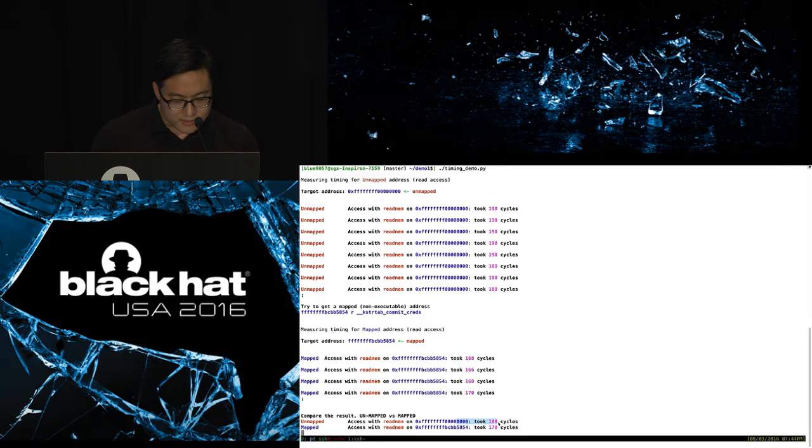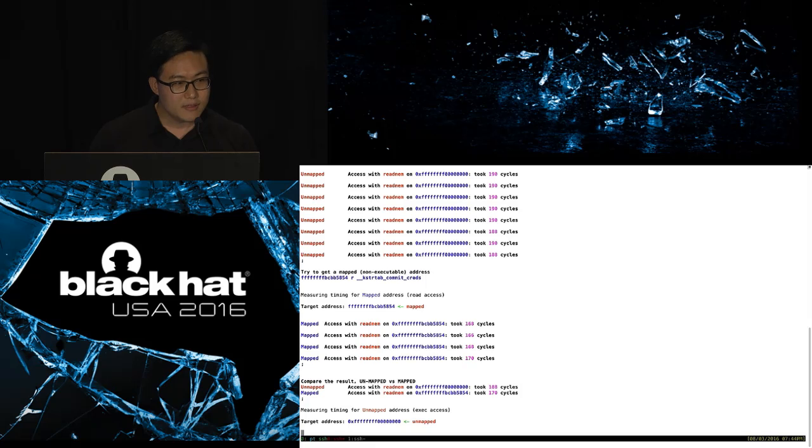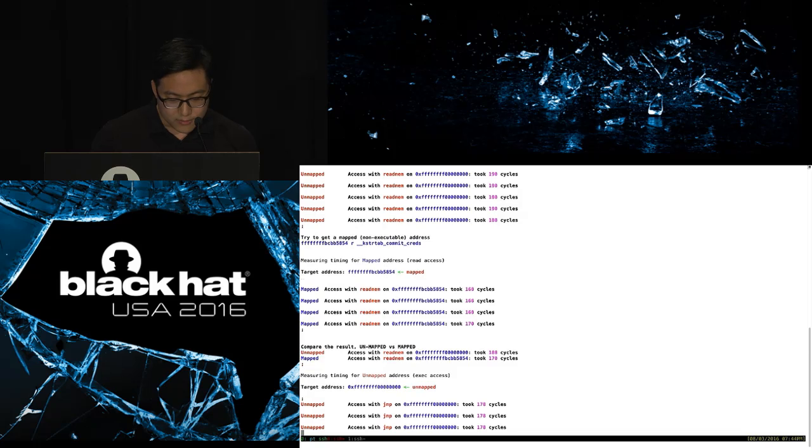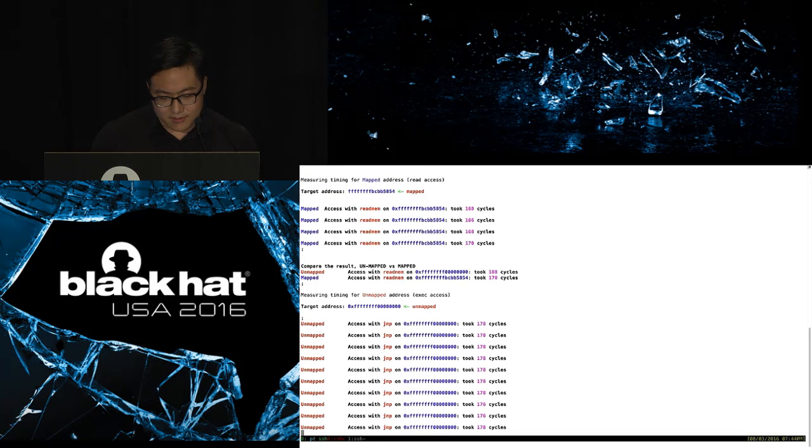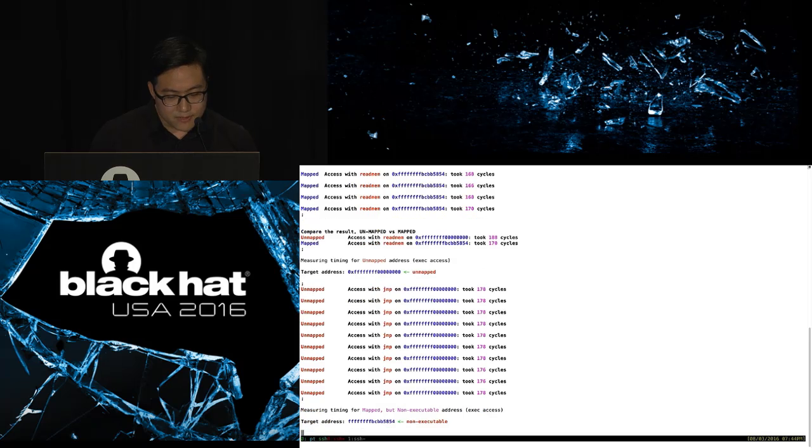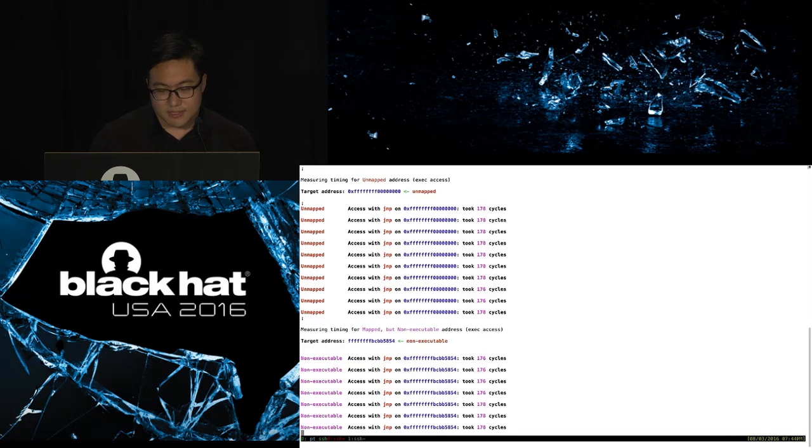Then next is trying to launch an execution access to the address. For the unmapped one, it took like 178 or 176 cycles. And for the mapped but non-executable address, it took the same, like 176.